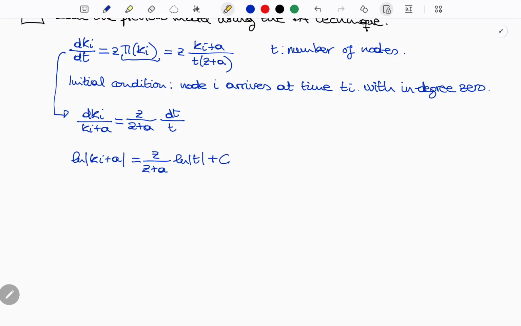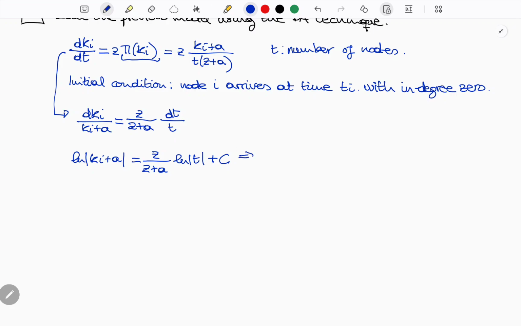Since everything is greater than 0, because the in-degree is always greater than 0, a is greater than 0, and time is also greater than 0, the absolute value is not necessary. Even if there were any negative value, it would be included in the next part.